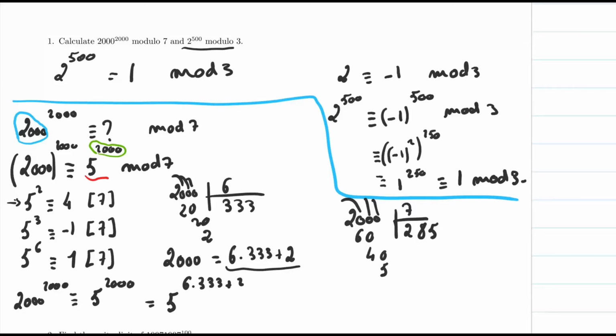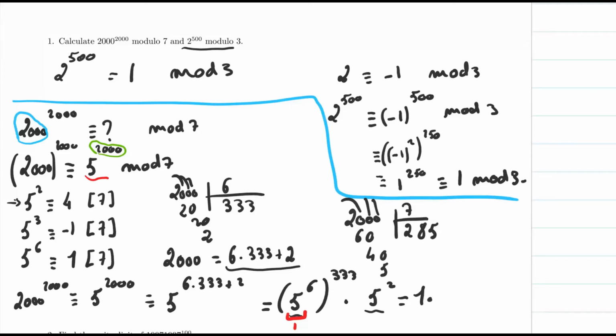This is 5 to the power 6, to the power 333, times 5 squared. And as we said, 5 to the power 6 is 1, so 5 to the 6 to the power whatever is still 1.